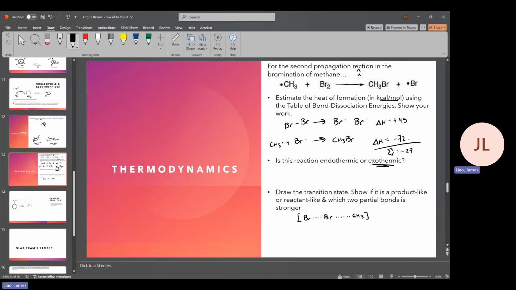And so because it's exothermic, through Hammond's postulate, the transition state has to resemble the reactant side.